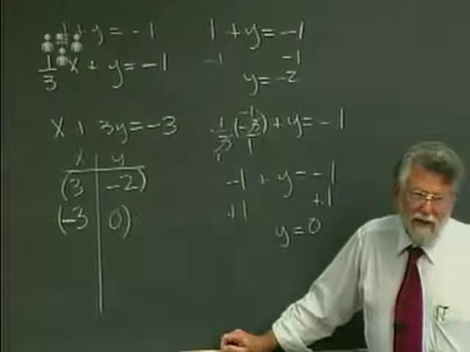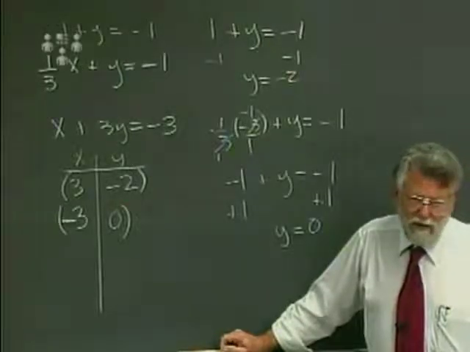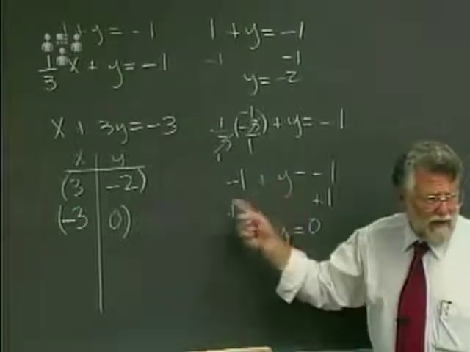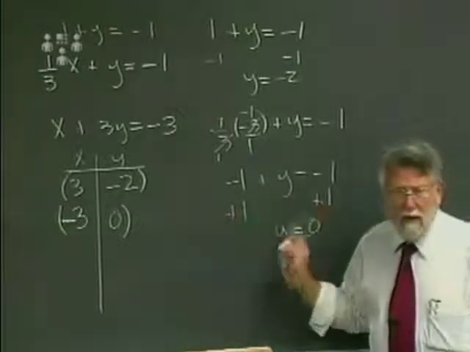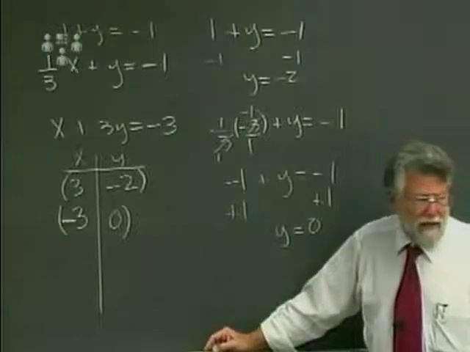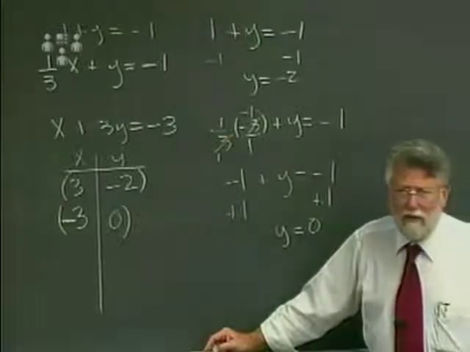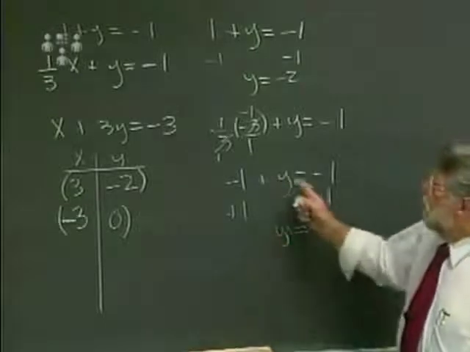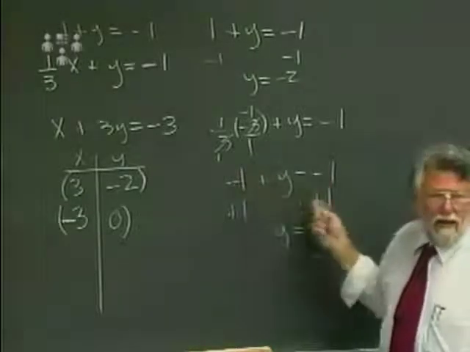Okay. I realize you don't like it because you're not having success. But these last few questions are what we spent a whole lot of our time on at the beginning of the semester, and they are that kind of difficulty. What can I add to negative 1 and get negative 1?